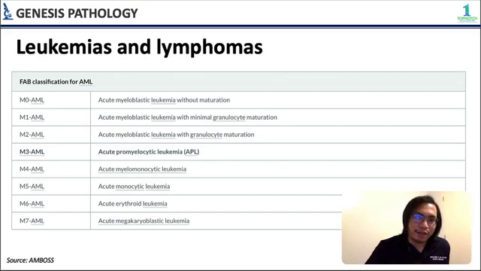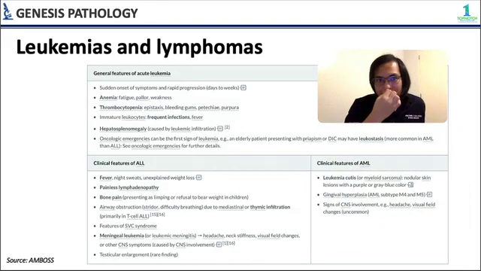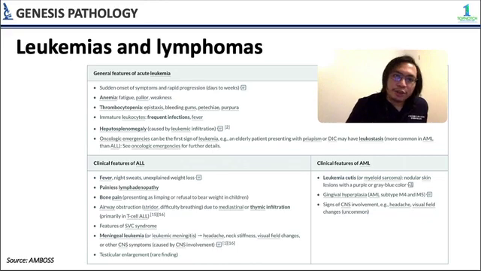So, this is your FAB classification for your AML. For me, this is only nice to know, but we'll never know, right? So, might as well go through this. General features of your acute leukemia: usually acute, so rapid onset.